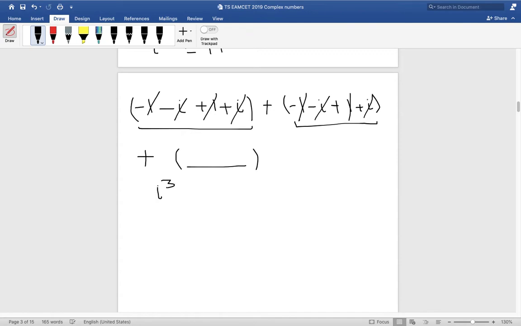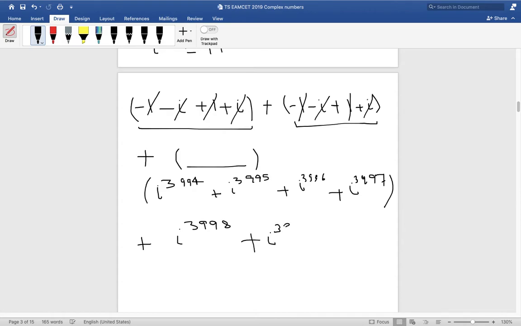So if I have iota raised to the power 3994 plus 3995 plus 3996 plus 3997 plus iota raised to the power 3998, 3999 plus iota 4000. So these will be your last 7 terms.